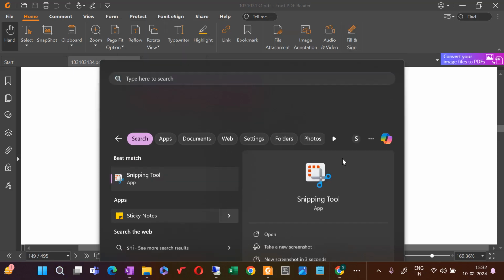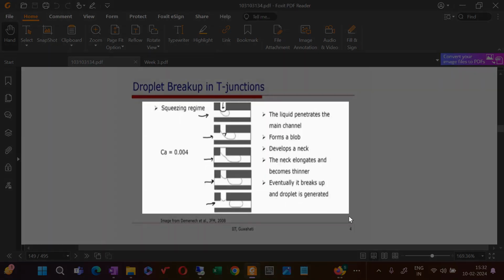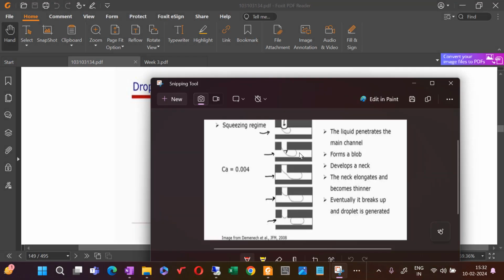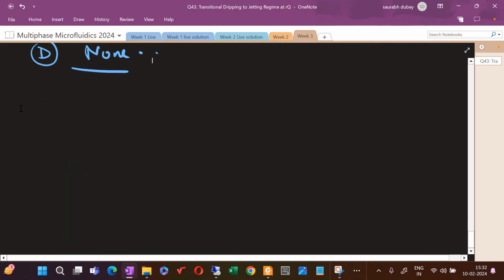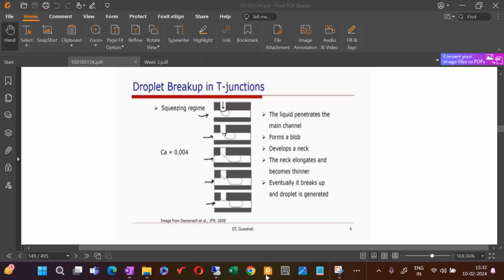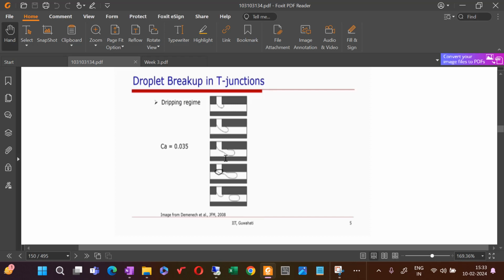These all are happening at different flow regimes, and thus they are responsible for the different features that come up. So the first one is the squeezing regime, and it is happening at a very low capillary number, meaning the velocity is very low, and velocity is dictating the flow regime, that is, which structure is coming up. So there you came to know that that is the squeezing regime.